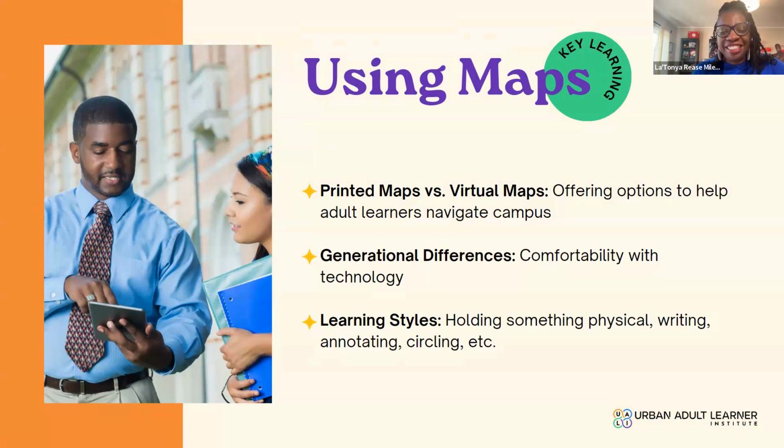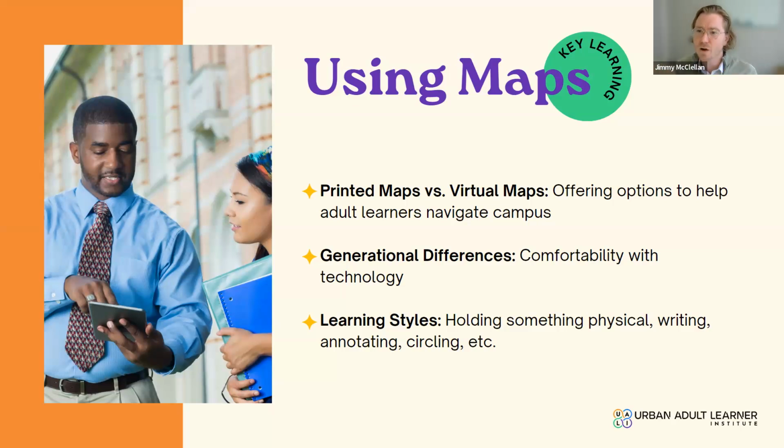Well, so just thinking about how we've talked about how it sounds like some institutions have moved fully to virtual maps, using technologies, smartphones, being able to find it through a website, and thinking about how those may or may not be as accessible in printed versions as well. What we want to think about too is how adult learners like to experience wayfinding and reading maps.